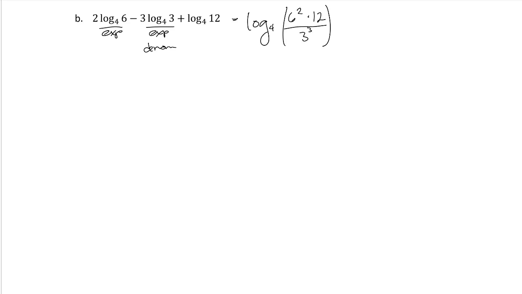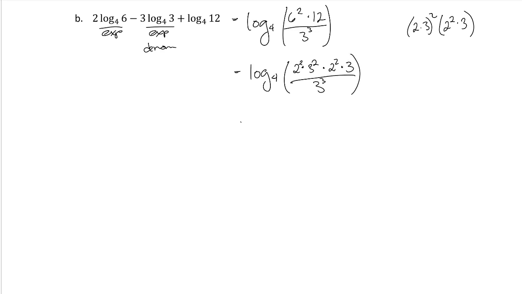So I'm going to try and write this as 3s and 2s just to help myself out a little bit and see what I can cancel out and simplify. 6 is the same as 2 times 3, squared, and 12 is 3 times 4, or 2 squared times 3. So bearing that in mind, I can rewrite this as 2 squared times 3 squared times 2 squared times 3, all divided by 3 cubed.